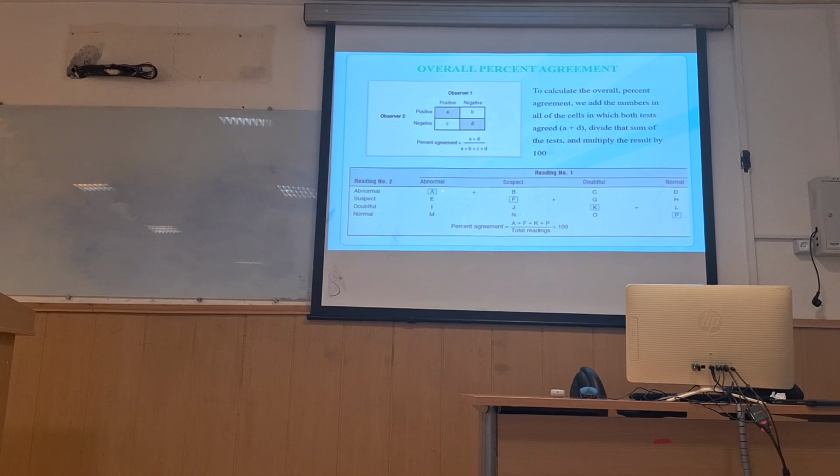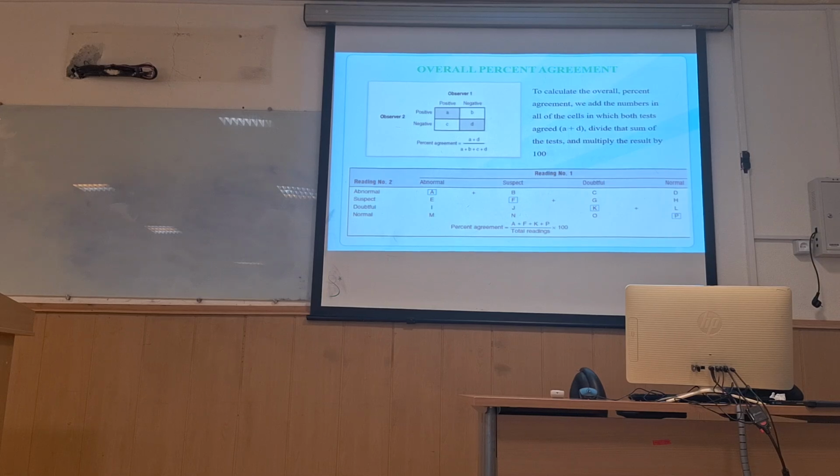It means A, the number of patients whom both radiologists classified as abnormal, plus F, the number of patients classified by both radiologists into the same category, plus K and P, divided by total readings or total results.